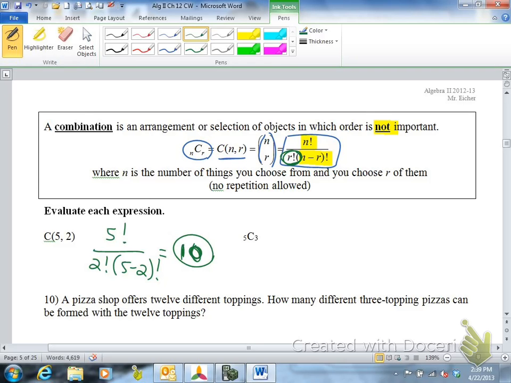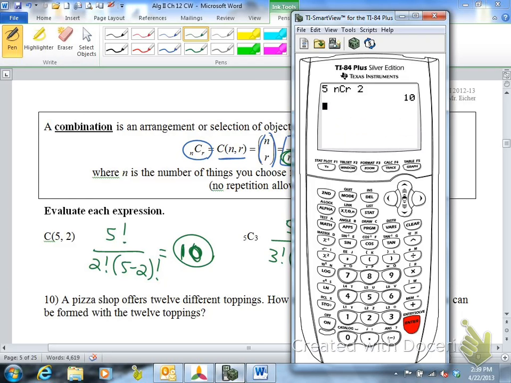And 5 choose 3 would be 5 factorial, 3 factorial, 5 minus 3 factorial. And you use the same button on your calculator. 5, hit math, over to PRB, number 3. 5 choose 3 is 10.